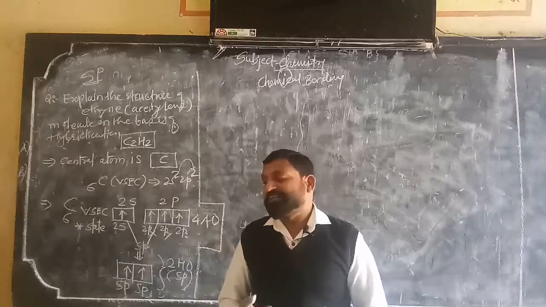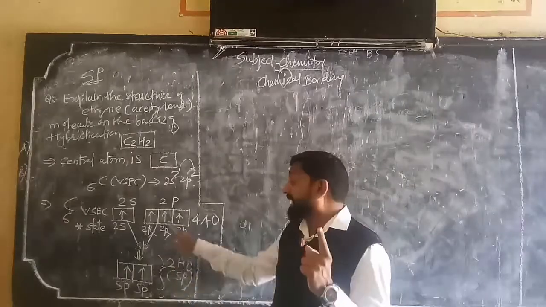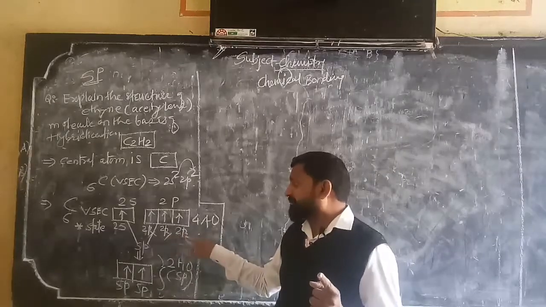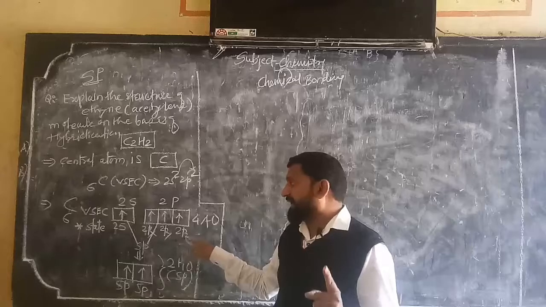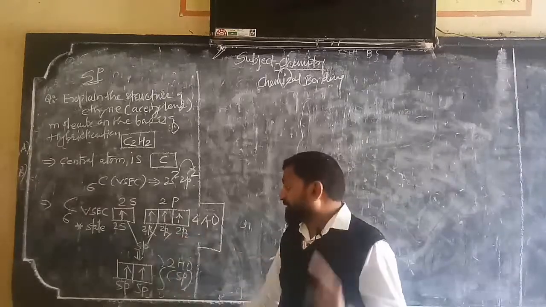So one thing here we got, what is that? Here we are getting 2 unhybridized orbitals, 2py and 2pz. They didn't take part in the hybridization. It means that they will form a pi bond, no doubt.